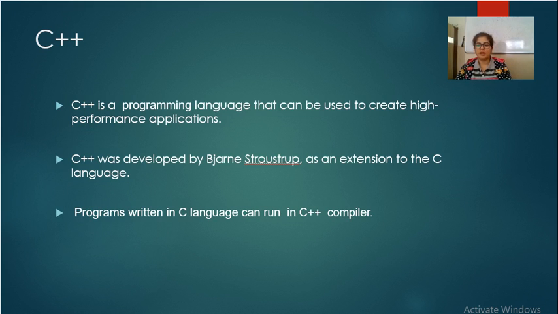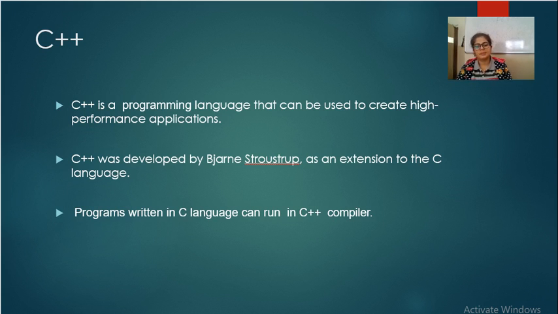C++ is one of the languages we can use to develop any program or software. In this unit, we have to study all the basic things of C++: what the data types of C++ are, what the keywords are, and what the operators and functions in C++ are. We have to study all these things.